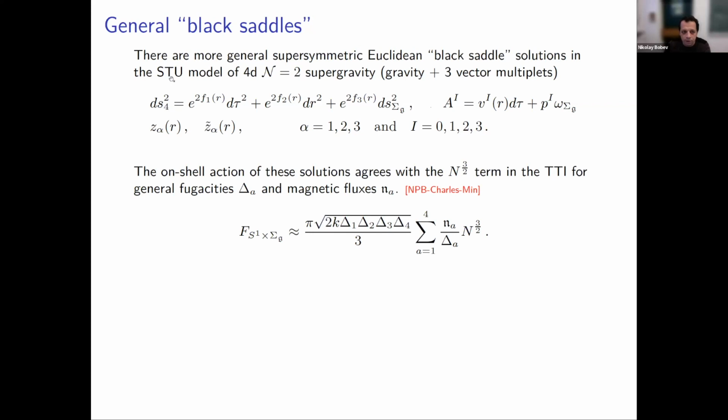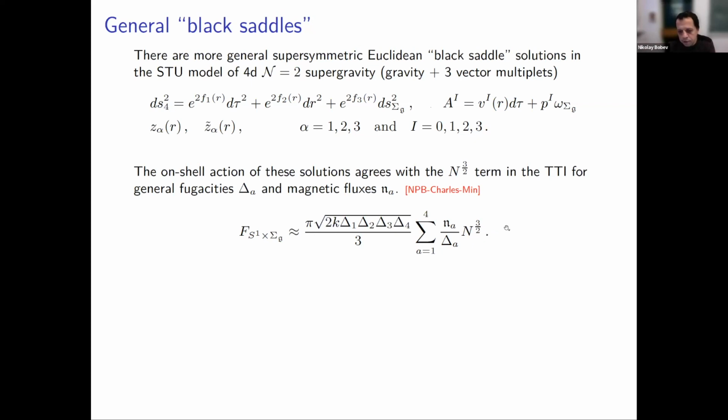This is the standard STU model of 4D supergravity, for those of you who know what this is. There's some 4 Maxwell fields, 3 complex scalars, and you have to solve for all of the functions that I'm giving you here. And we managed to do this with 2 people here in Leuven, and the leading order answer on the nose at large N agrees with the index.